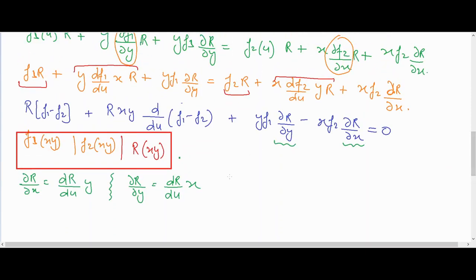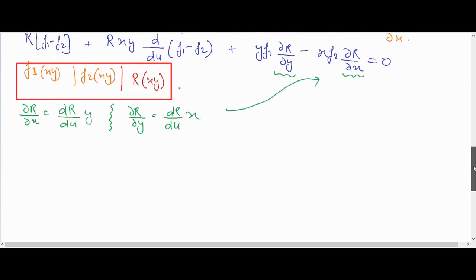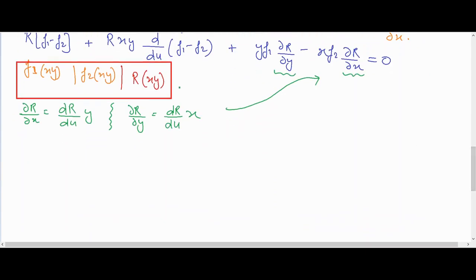So now we can plug both these here, and after we plug both these here, let's write it down quickly. We have r f1 minus f2, we already have this, plus r xy, we already have this, sorry, it's r times xy, and we have this derivative of f1 minus f2, right?